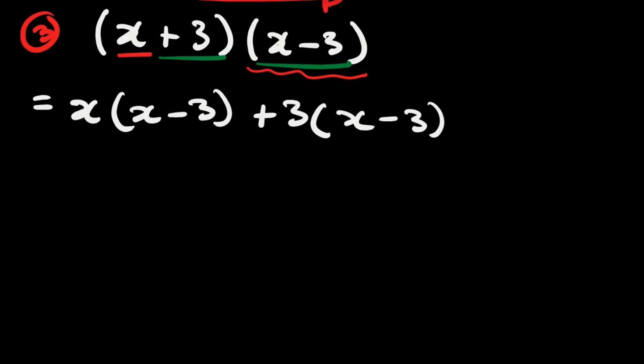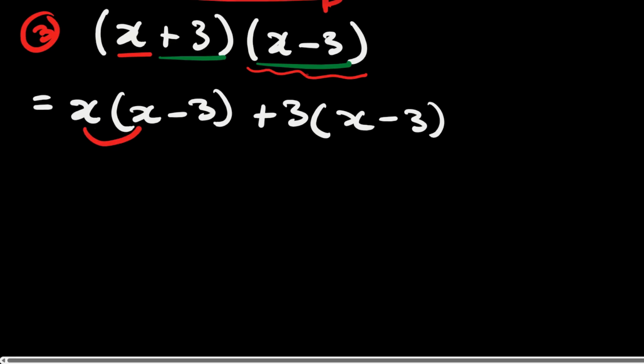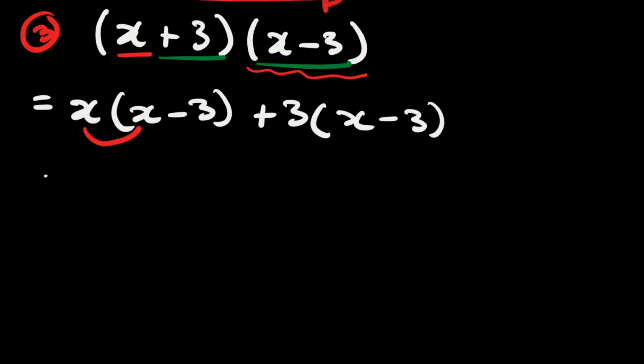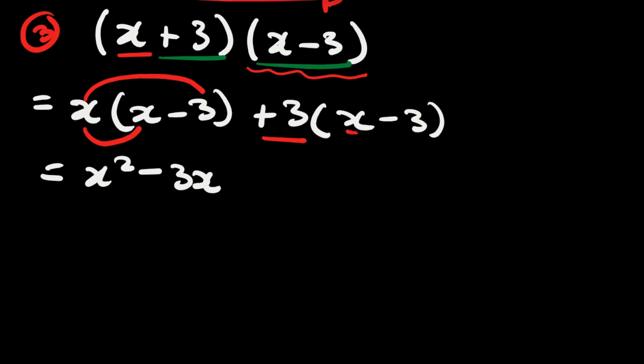Then from here we just distribute. x multiply x, we get x squared. Then x multiply minus 3 is minus 3x. Then plus 3 multiply x, we get plus 3x.